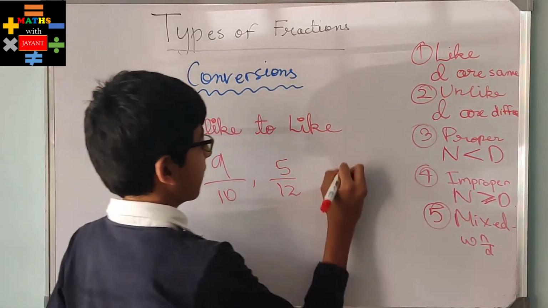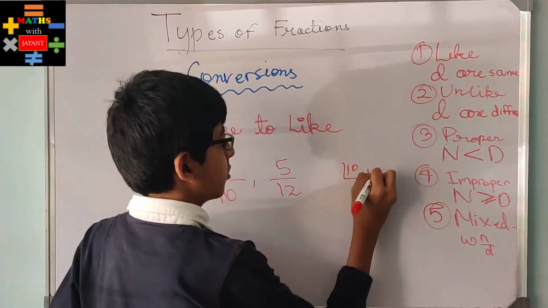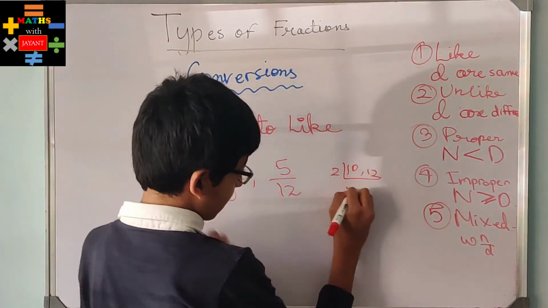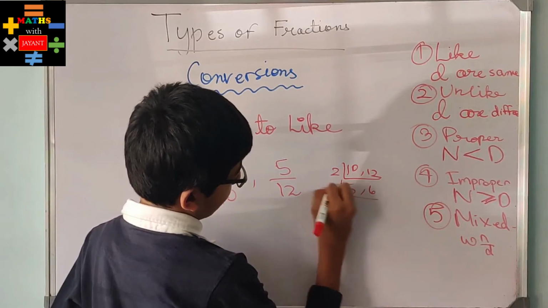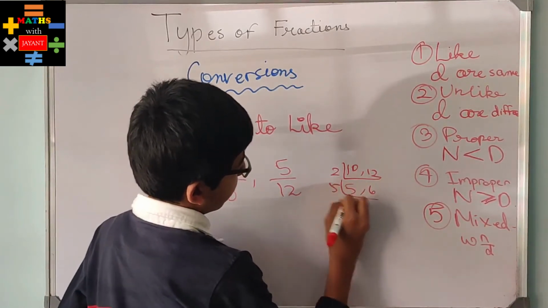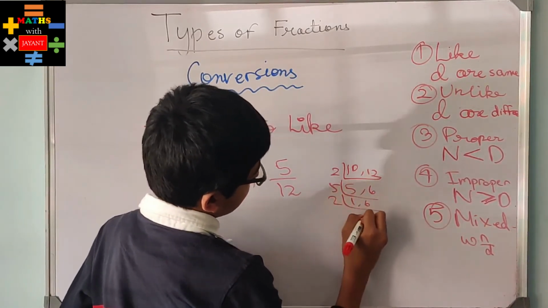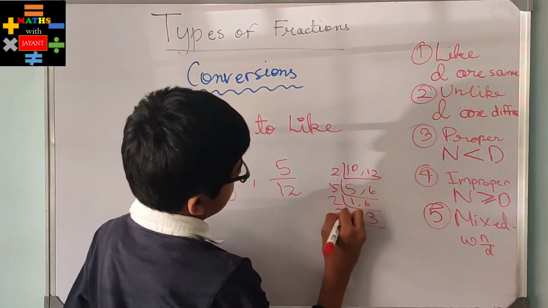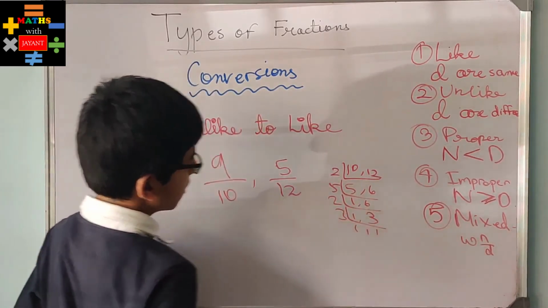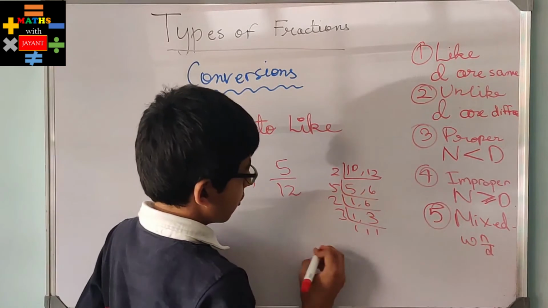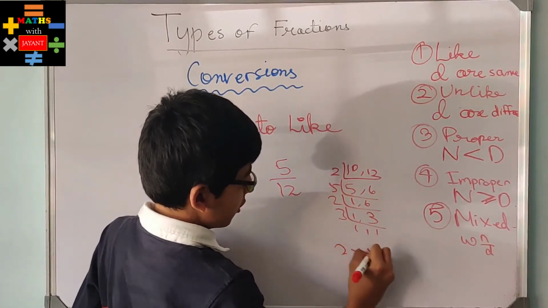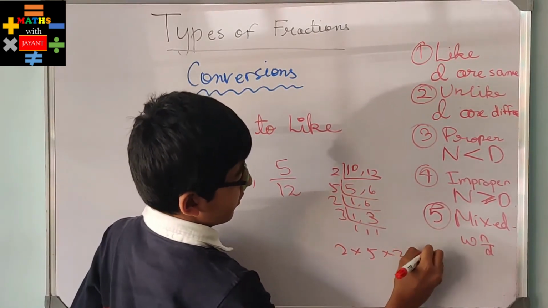So what's that? It's the LCM of 10 and 12. Like this, you'll divide, and then what is the LCM going to be? You'll find that it's going to be 2 into 5 into 2 into 3.